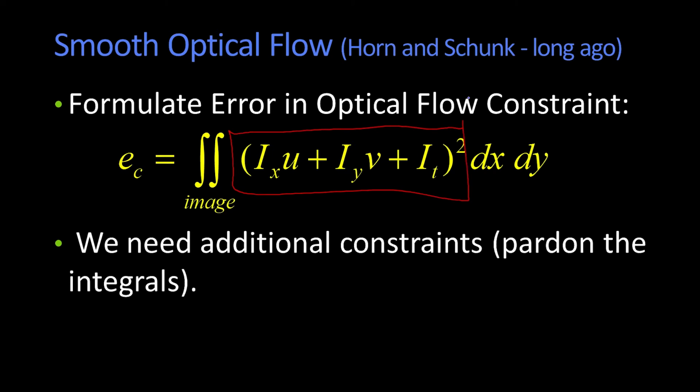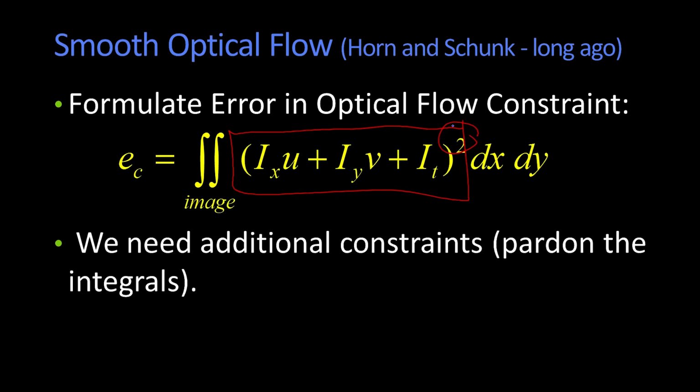That middle term there is supposed to be 0: Ixu plus Iyv plus It is equal to 0. Violations of that mean it's not 0, sometimes positive, sometimes negative. I square it and sum it up over the whole image. That is how bad my flow is with respect to the constraint equation.